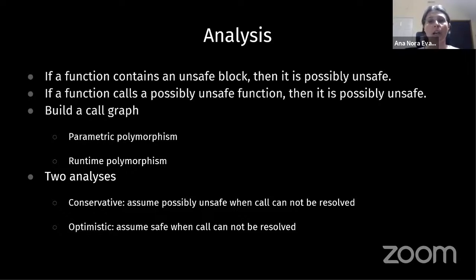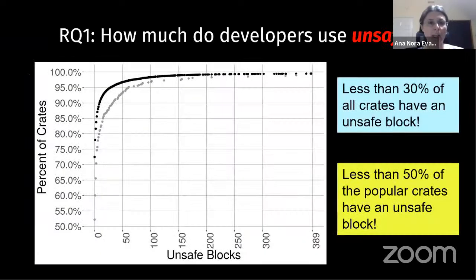So when we can't find out what exactly the function call will be, we perform two analyses: a conservative one where we assume that the call is possibly unsafe, and an optimistic one where the call is assumed safe. So we get upper and lower bounds.